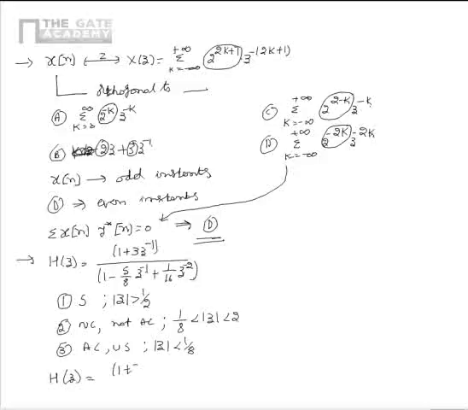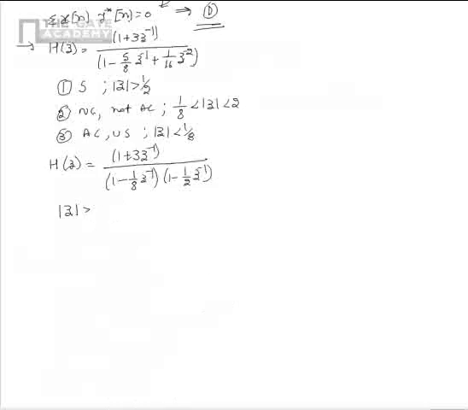We know that the system function h of z can be simplified as 1 plus 3z inverse divided by 1 minus 1 by 8 z inverse multiplied by 1 minus 1 by 2 z inverse. From this we see that the possible ROCs are mod z greater than half, 1 by 8 less than mod z less than half, and mod z less than 1 by 8.